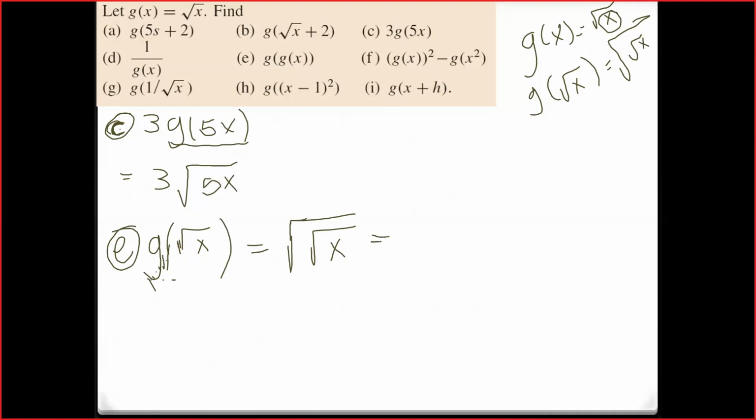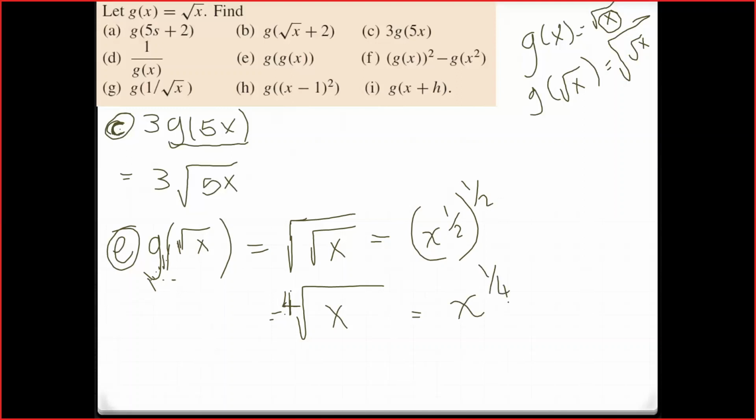Okay, now this one comes to be x to the power 1 over 2 to the power 1 over 2, because it's a square root of x. Like it is the fourth root of x, or I can write it as x to the power 1 over 4. Okay?